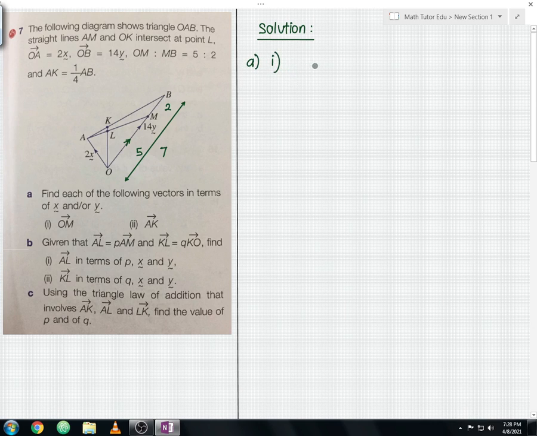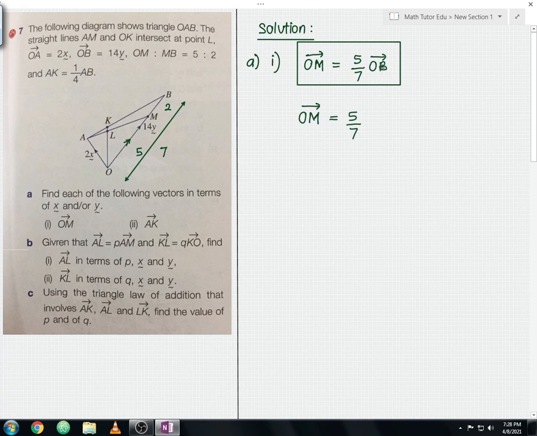Given that vector OM is equals to 5/7 of the vector OB. Let me box this. So from here vector OM will be equals to 5/7 times vector OB.